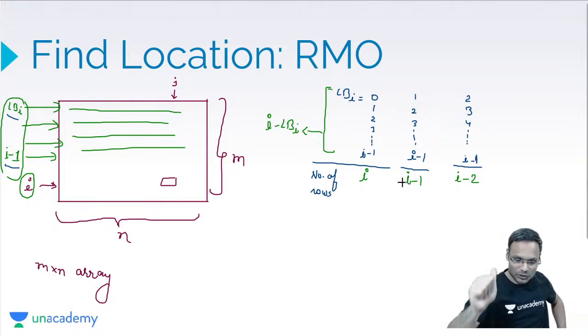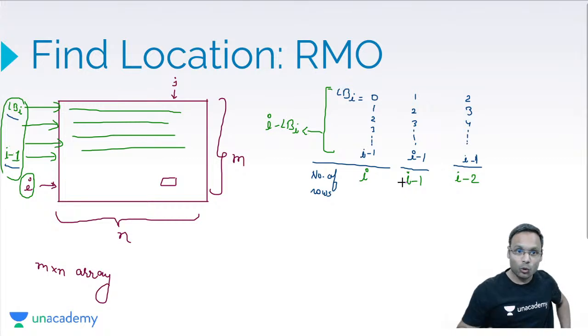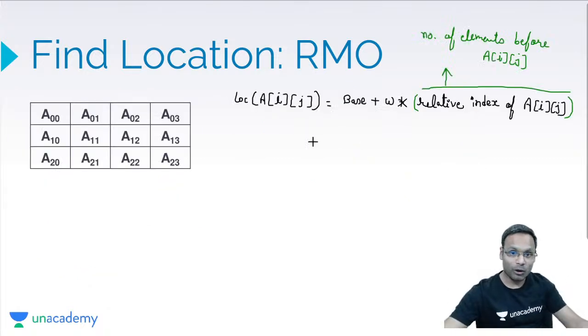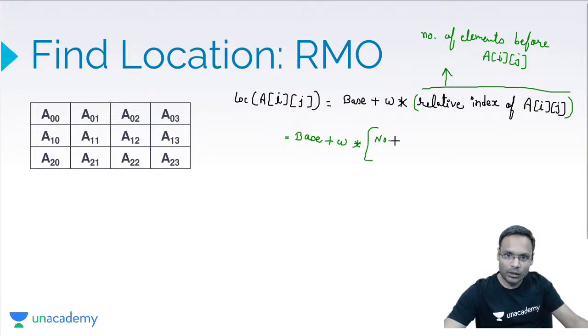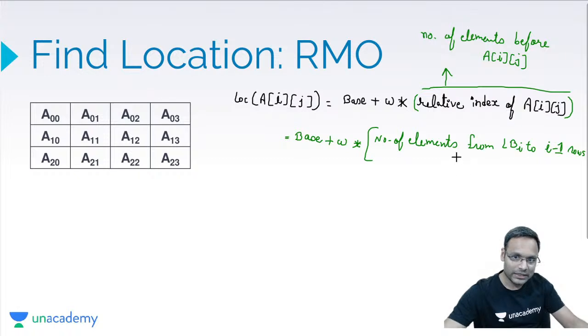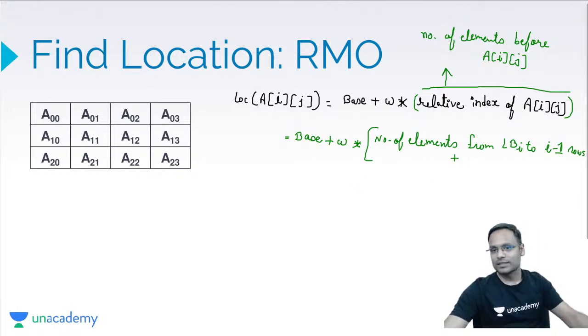Understood? Did you understand this much? So what exactly am I going to write as the formula till now, what I understood is this: base plus w into the number of elements from lower bound of i to i minus 1 rows. Complete rows? Yes. Plus some elements.